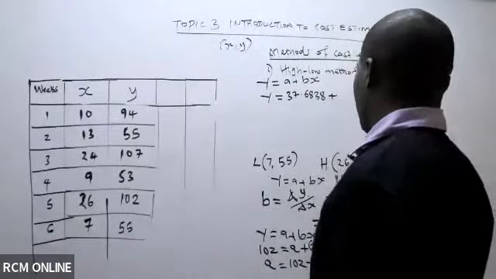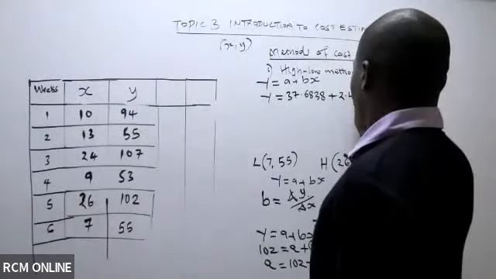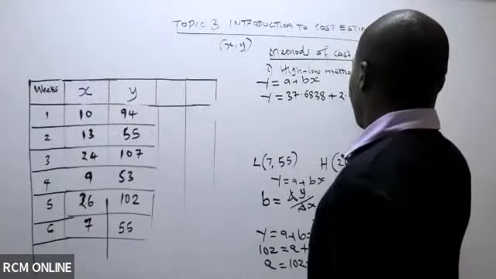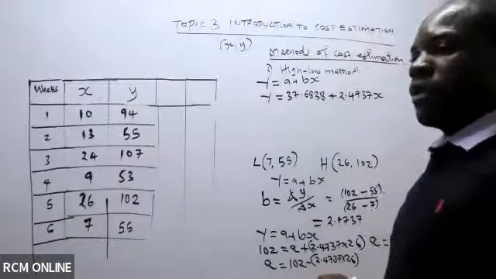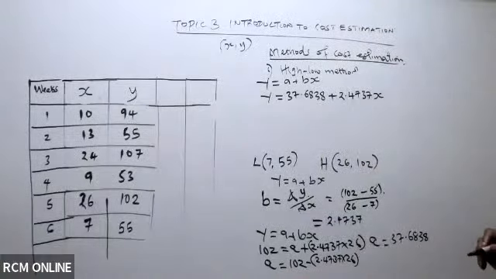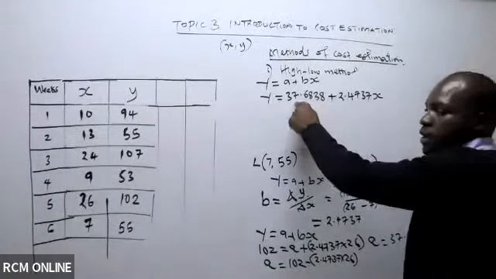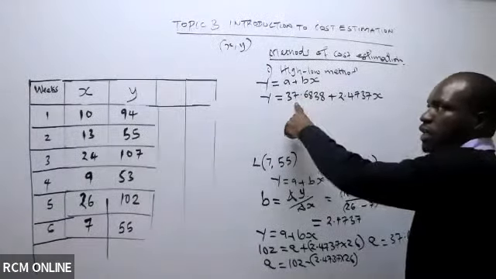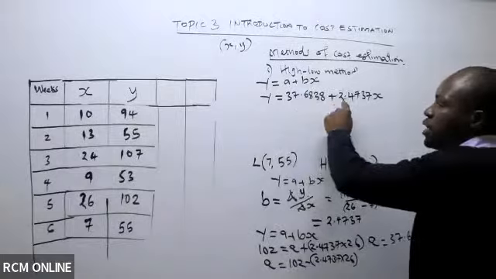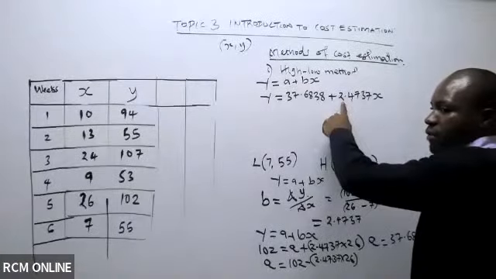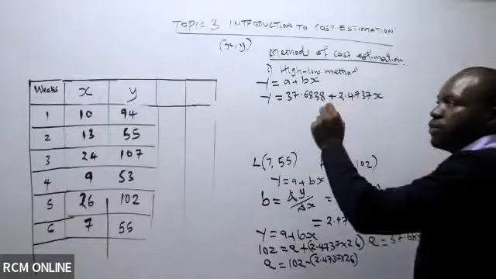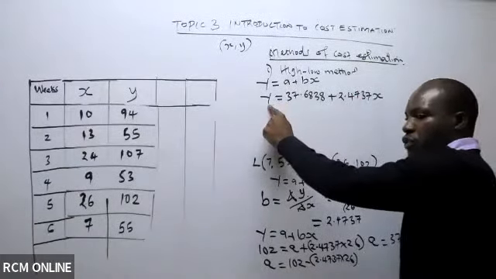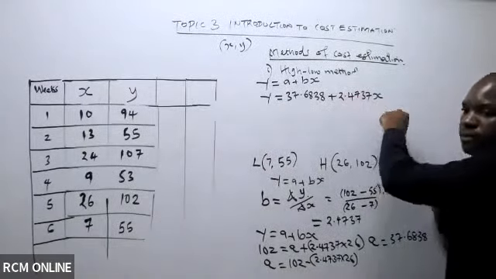What is the value of b? 2.4737x. We said very well that A is fixed cost. It will not change. B is the slope of the curve, variable cost per unit. It will not change. So the only thing that will make y change is the value of x.